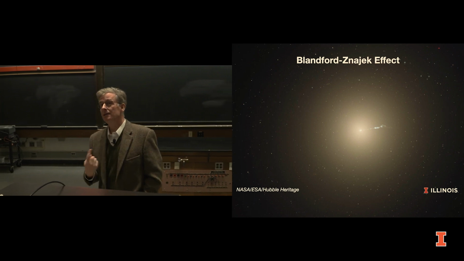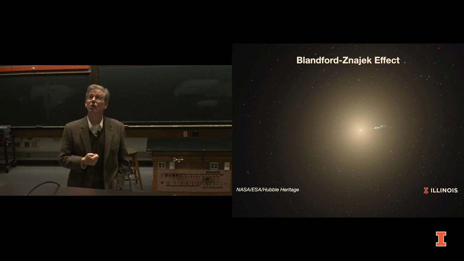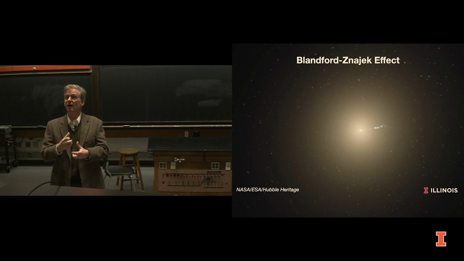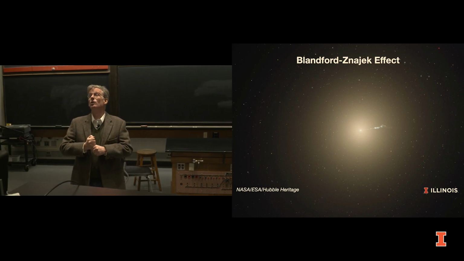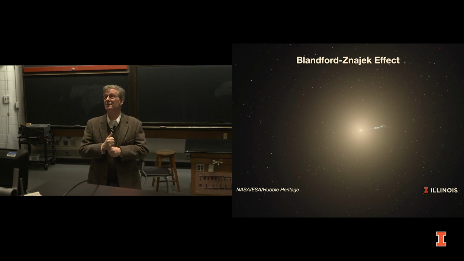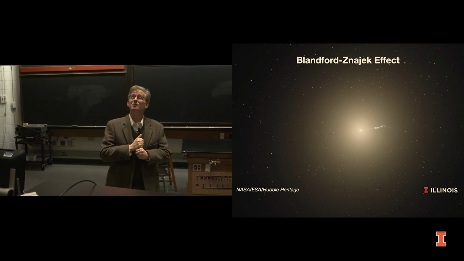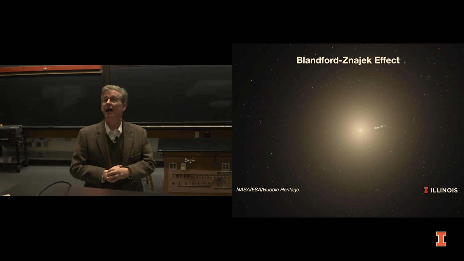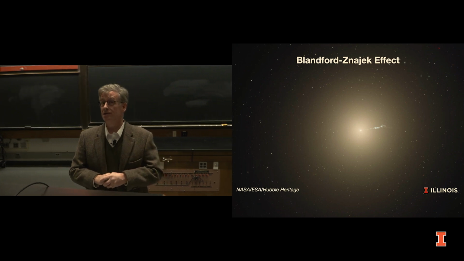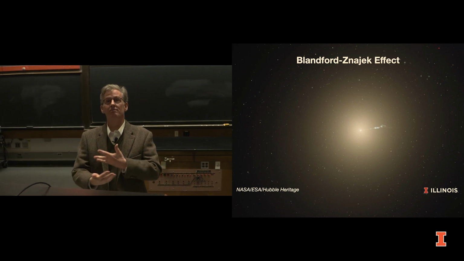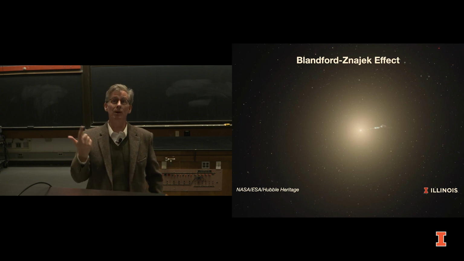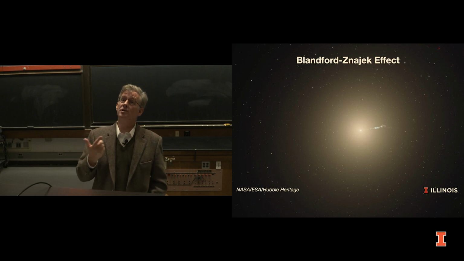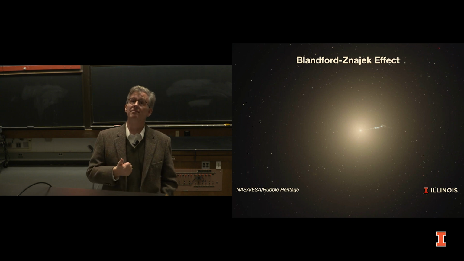So this plasma that's circulating around the black hole couples to the black hole's gravitational field, and that causes the black hole to spin down. So someone was asking about spin earlier. So there's an idea that black holes have spin. They spin just like the sun rotates. So the sun rotates about once a month. Black holes also are believed to rotate.